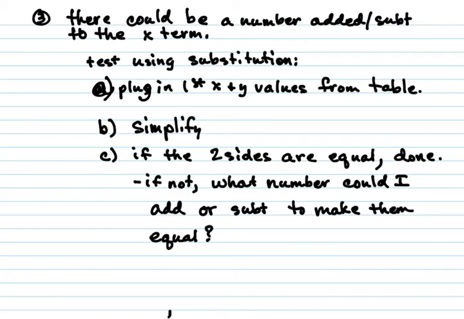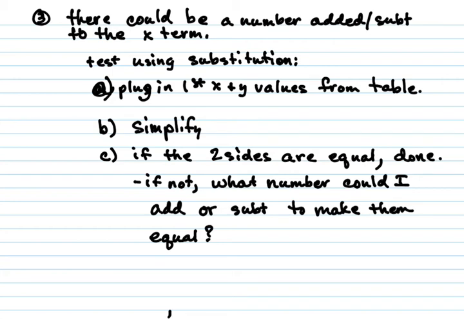You're just going to look at it and say, so say I have 3 equals 2. Does 3 equal 2? No. But what can you do to a 2 to turn it into a 3? Add 1. So your c is simply plus 1. Right? So it's very simple.